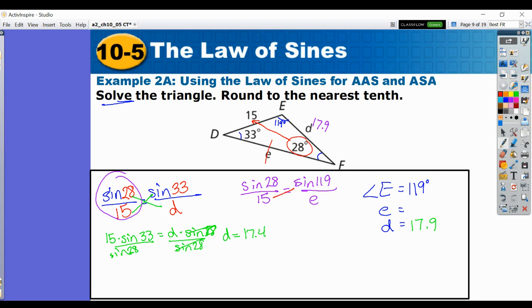So in my calculator, I'm going to do 15 times sine of 119 divided by sine of 28. Multiply these, divide by that one, and you get 27.9. If there are units, you would put units here, but we don't have any on this problem.